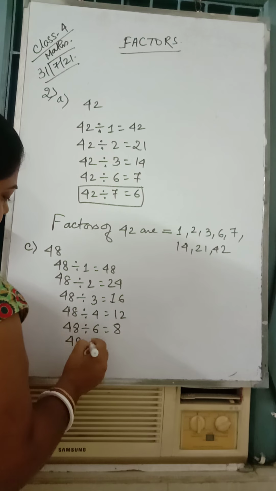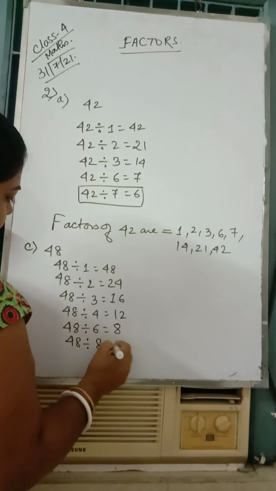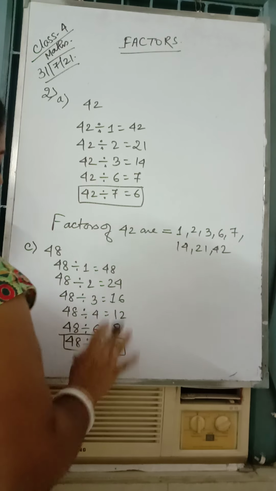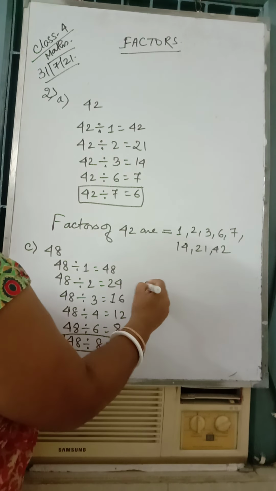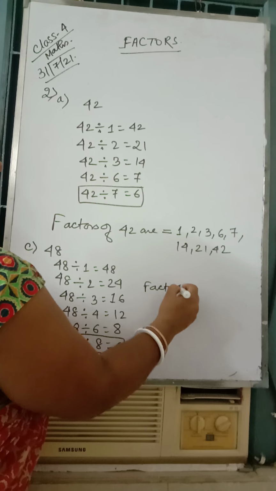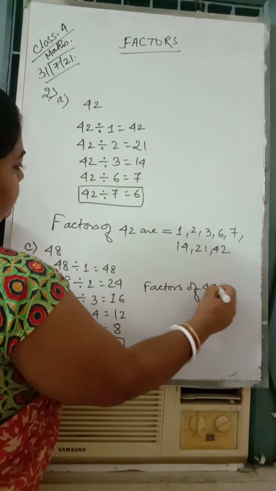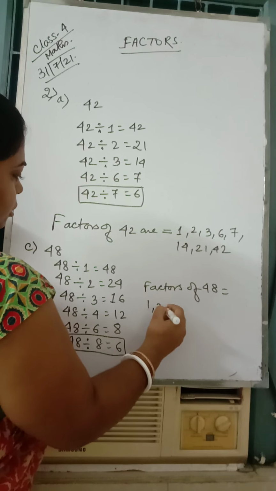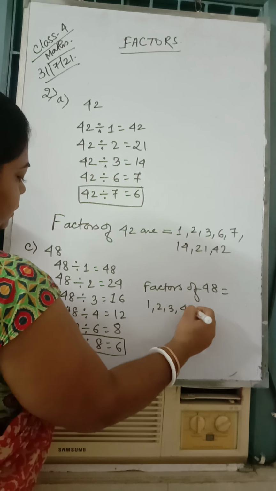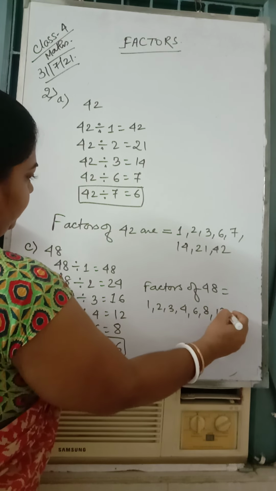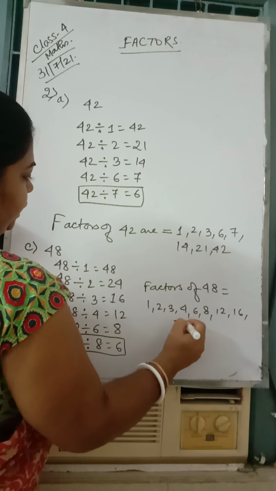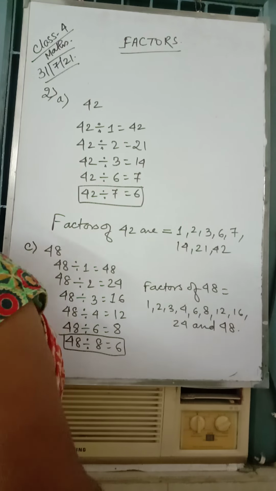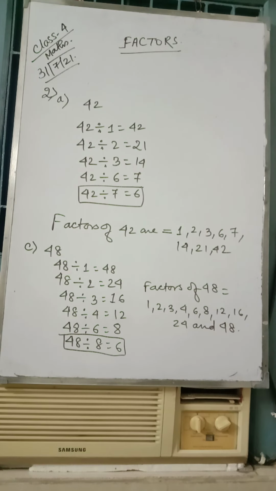And 48 divided by 8 is 6. So we are getting vice versa here, my dears. Stop division here. The factors of 48 are 1, 2, 3, 4, 6, 8, 12, 16, 24 and 48. So this is called the division method.